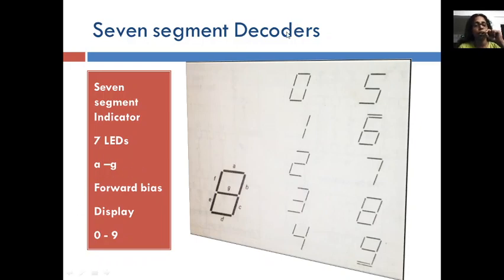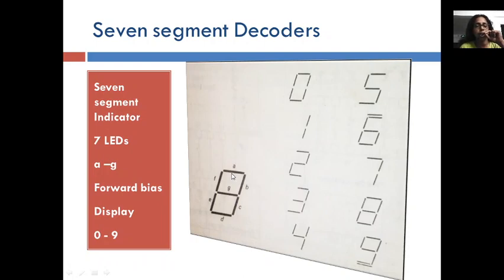Now you may get why I told you about LEDs, because here in the figure you can see a 7-segment indicator in the form of 8. On careful observation you could see that there are 7 LEDs.